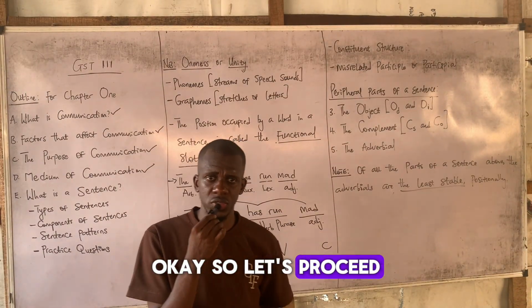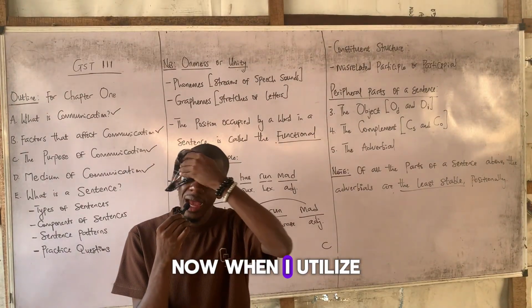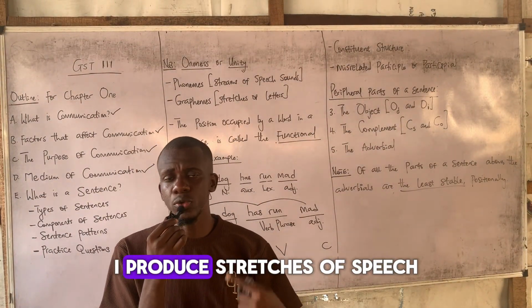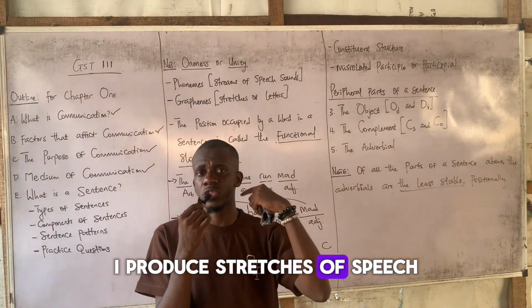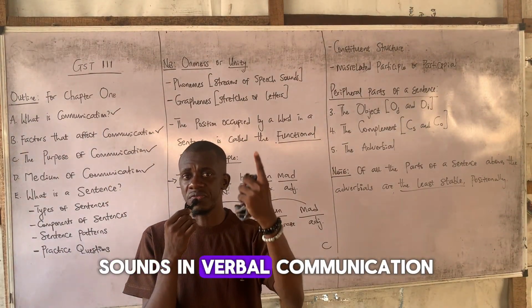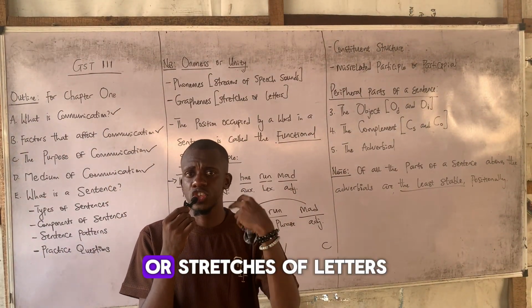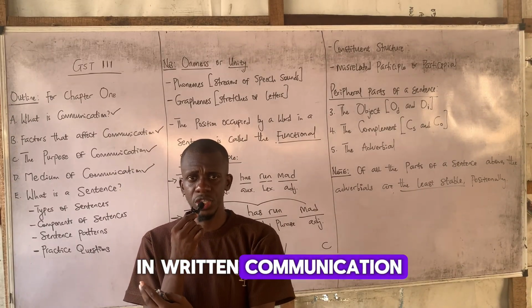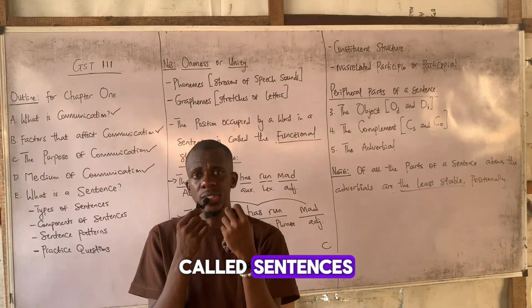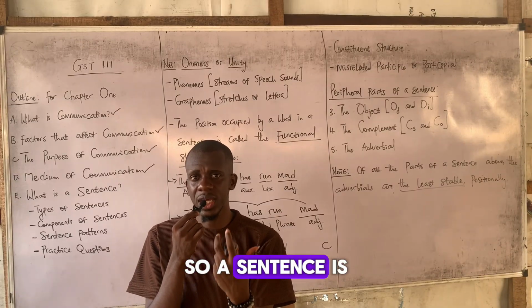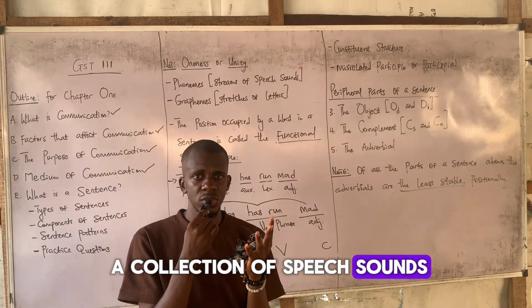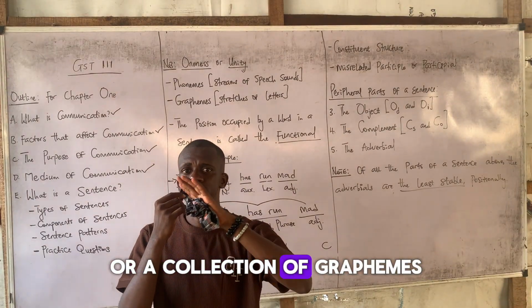So let's proceed. Now, when I utilize a language in communication, I produce stretches of speech sounds in verbal communication or stretches of letters in written communication called sentences. So a sentence is a collection of speech sounds or a collection of graphemes.